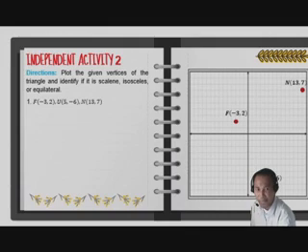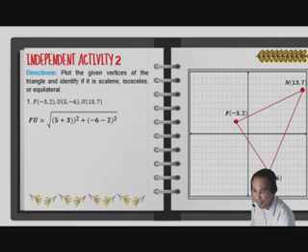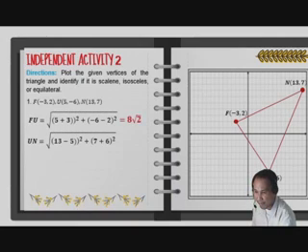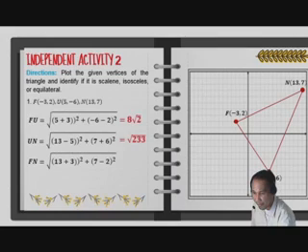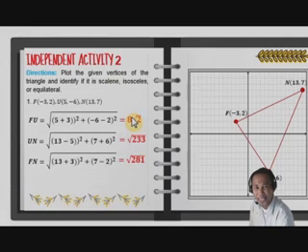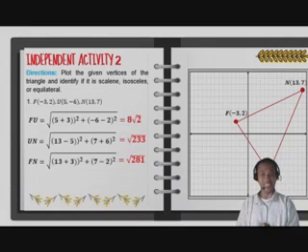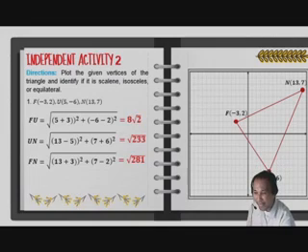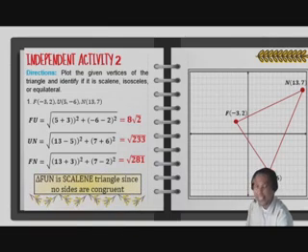So, gagamit ka ng distance formula. Ayan. Equal ba lahat? Of course, the answer is not. It's not equal. So, what kind of triangle for the first one? We have scalene triangle. Okay, tama kayo.